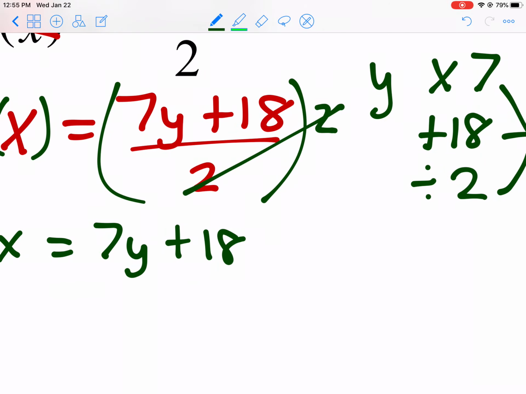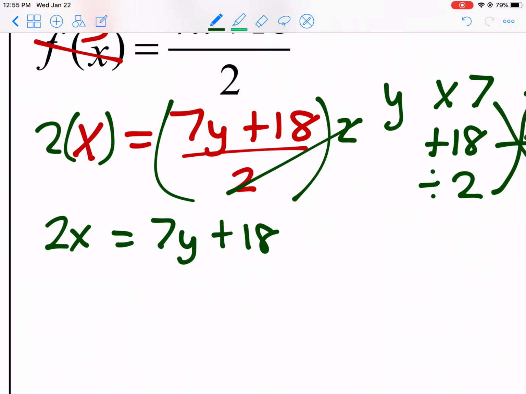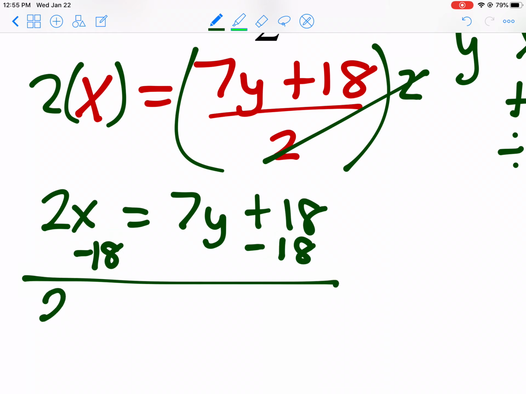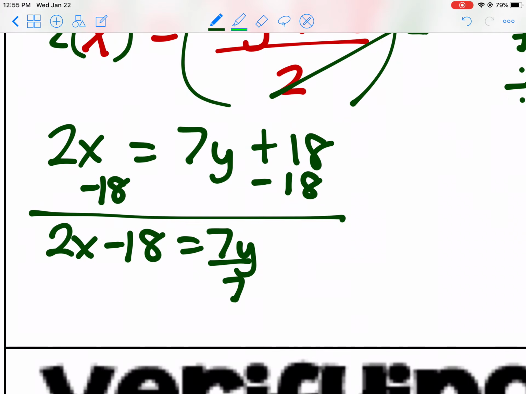So over on my chart, I said first I was going to multiply by 2, so I've done that. Then I'm going to subtract 18, because remember my goal is to get y alone. And finally, I'm going to divide by 7. Now I have y equals 2x minus 18 divided by 7.